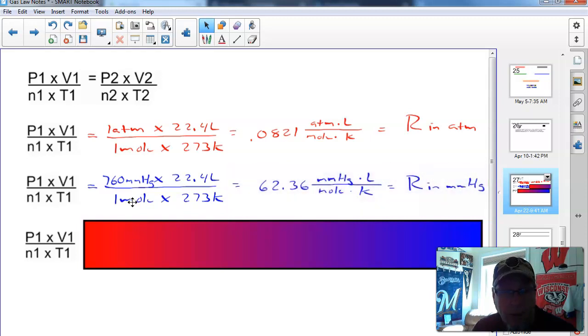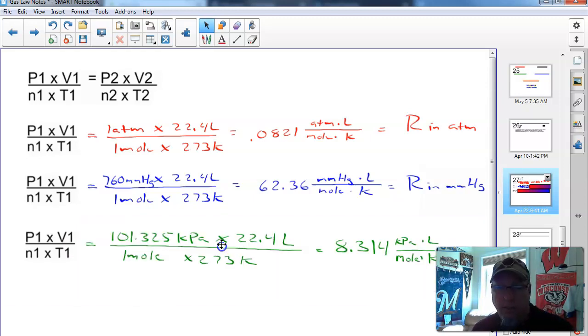If I multiply these and divide, this is the number I get for R. So all R is your P1, V1, N1, T1 multiplied and divided together at standard temperature and pressure. That's all R is. If you take the standard pressure, standard volume, standard number of moles, and the standard temperature, multiply them all together. Now in class, I use this one.